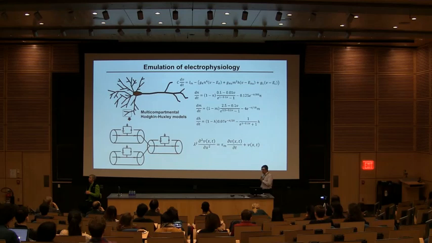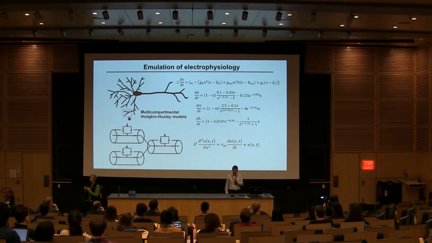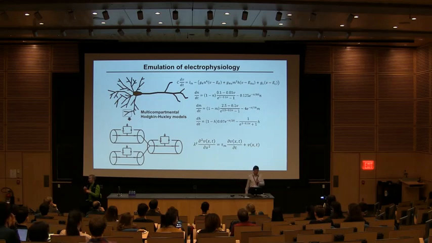So to emulate the brain, you need to, of course, emulate the neurons. And this is the type of model that would be used for that. It's a multi-compartmental Hodgkin-Huxley type model, and it's highly predictive of realistic biological electrophysiology. It's biophysically based on the conductances of different ions across the membrane. These are the equations that are used in it, at least the core ones.